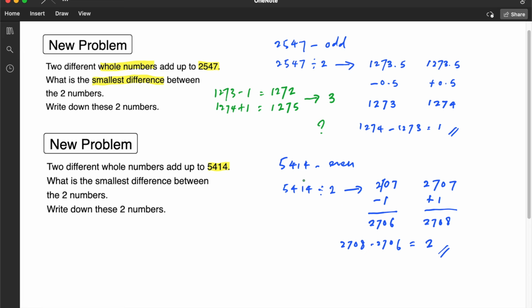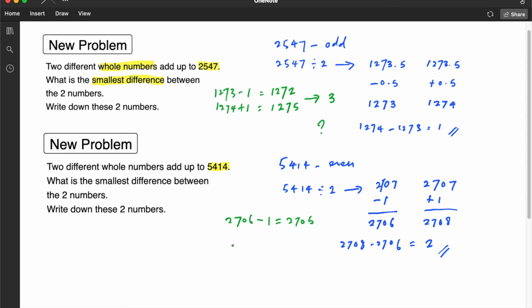Now let's go to the second case, for an even number. The smallest difference between the numbers is 2. What do you think is the next smallest difference between the two numbers? So let's take our 2706. For the next smallest difference, we can minus 1 from it, so we get 2705.